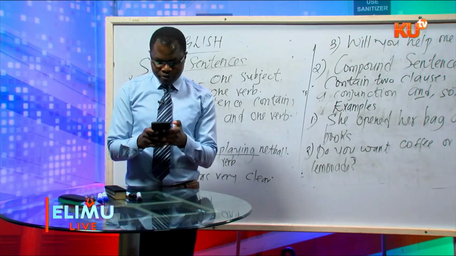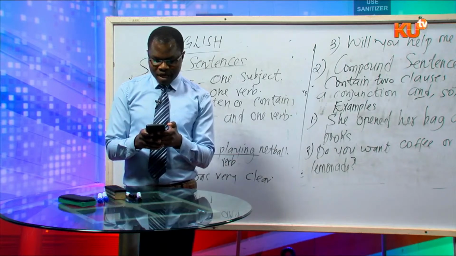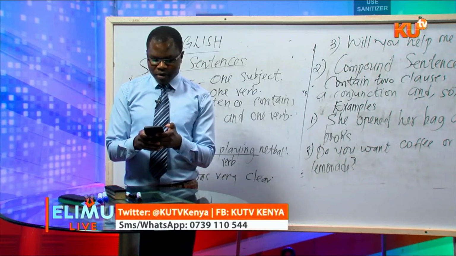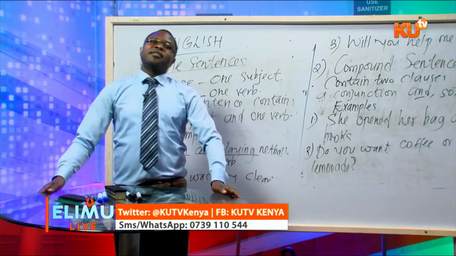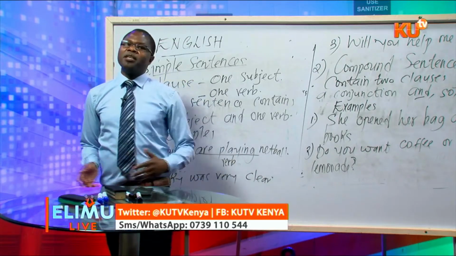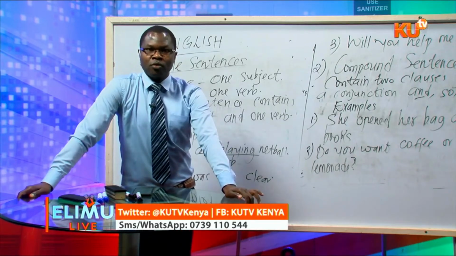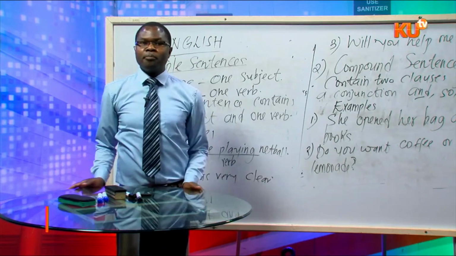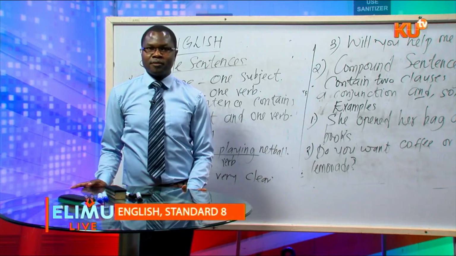And I'm so happy you are tuned in from far and wide. A declarative sentence is just a statement. They make statements, and mostly they end with full stops. So they are basic statements ending with full stops. Those are examples of declarative sentences.